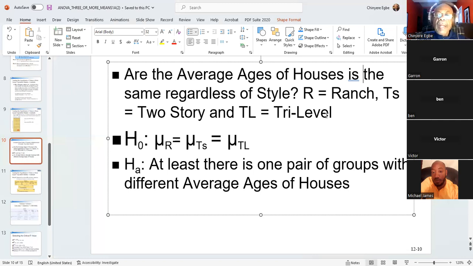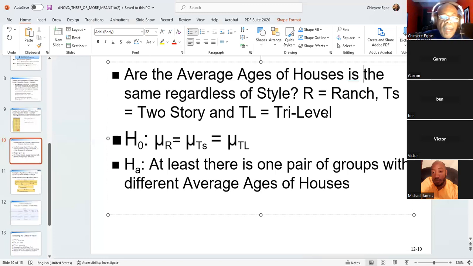So now you will find that the average age of two-story houses will be different from the average age of ranch-style houses. And then 7 years later, new customers begin to come in. Some want ranch, some want tri-level, and some want two-story. You will see that the average ages of the three types of houses will be different.